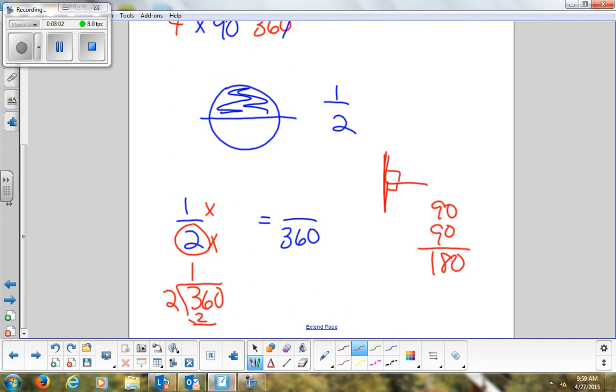Okay, 3 times 1 is 3, 3 minus 3 is 0. Bring the 6 down. 2 goes into 6 three times, and then I have my 0 here. So it's 180 here. And what I do to the bottom, I have to do to the top. So then my answer is 180 degrees.